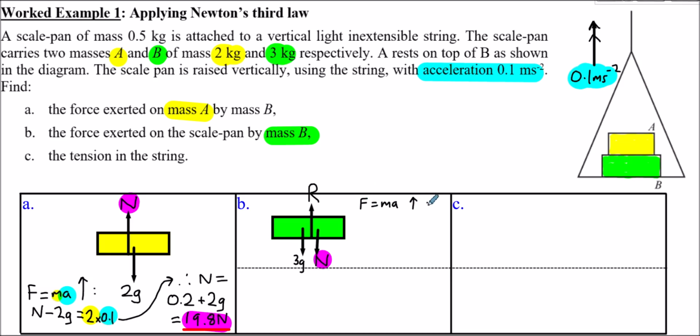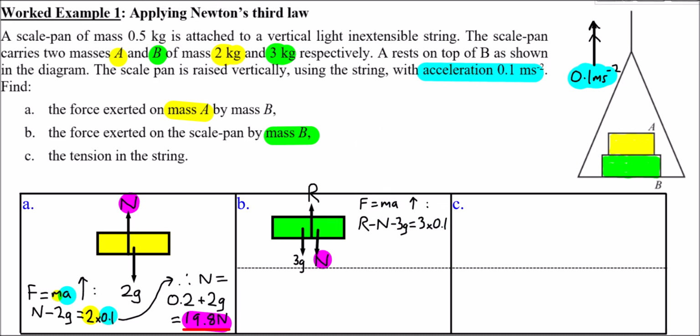So F equals ma going upwards. So the overall force going upwards is R minus N minus 3g, and that's going to equal the mass of B. The mass of B is 3 multiplied by the acceleration, which again we know is 0.1.